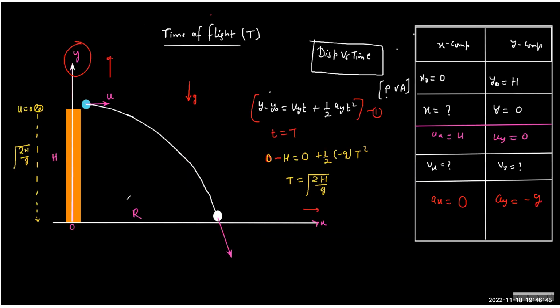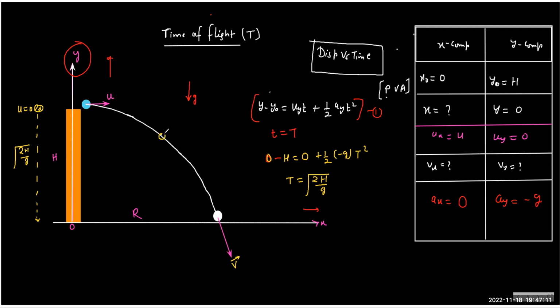So you got the range, you got the time of flight. What else can you inquire? You will be interested in knowing the v vector, the final velocity. What you really need to understand is that gravity is acting vertically downward and initial velocity is acting horizontally.